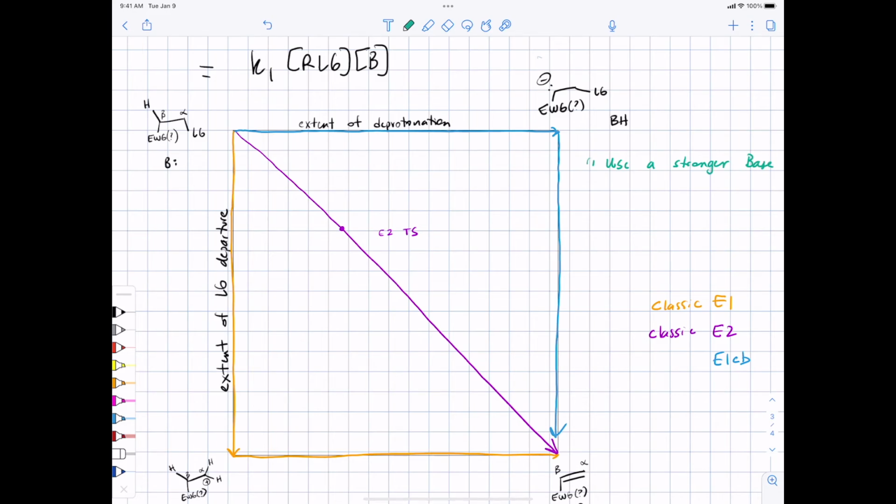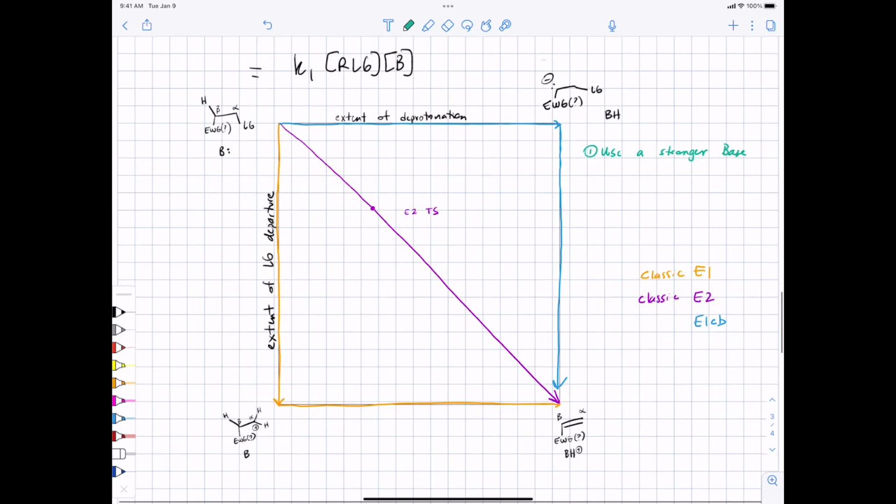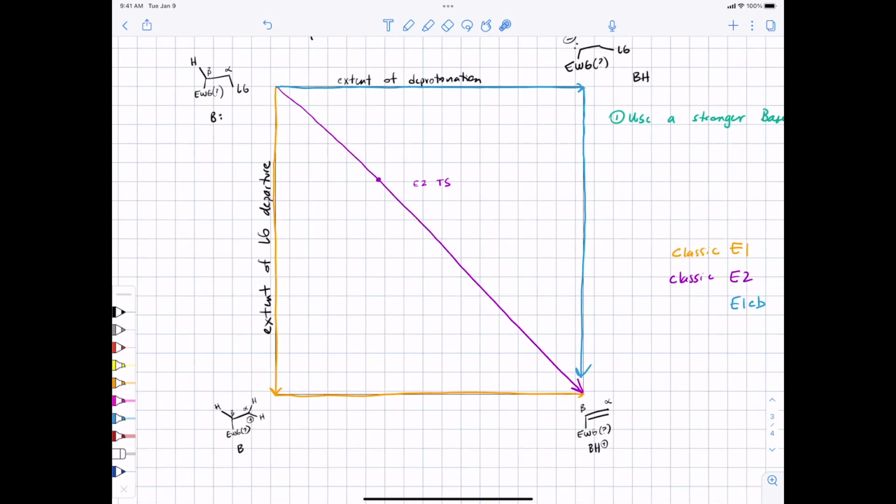Okay, so that's possibility one. What would that do to this energy landscape? Let's focus on the corners. Using a stronger base does what? Increase the speed of deprotonation. It should make it faster to do the deprotonation.